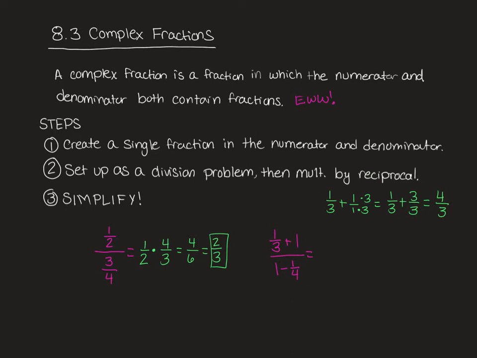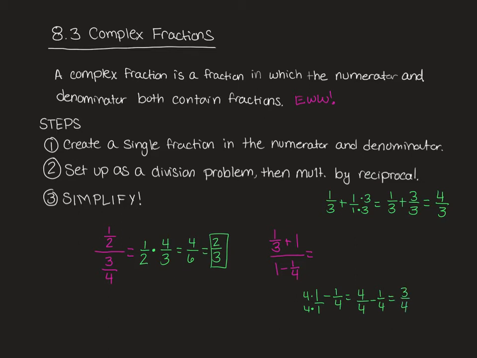Okay, now I look at the denominator. Well, 1 minus 1/4, that's really 1/1. So I want common denominators. I want to get this as one big fraction, multiply by 4 on top and bottom. So you get 4/4 minus 1/4, which is 3/4.